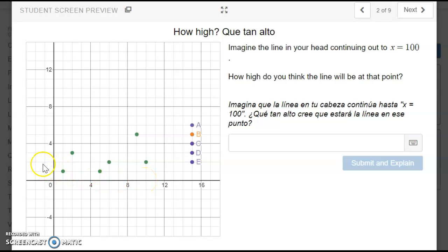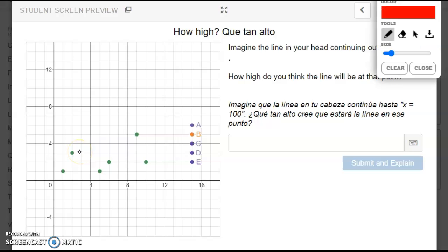Okay, so if I was to imagine my line looking something like this. Okay, so let's just say that's what I imagined. Then let's see how much it changed from 0 to 10.